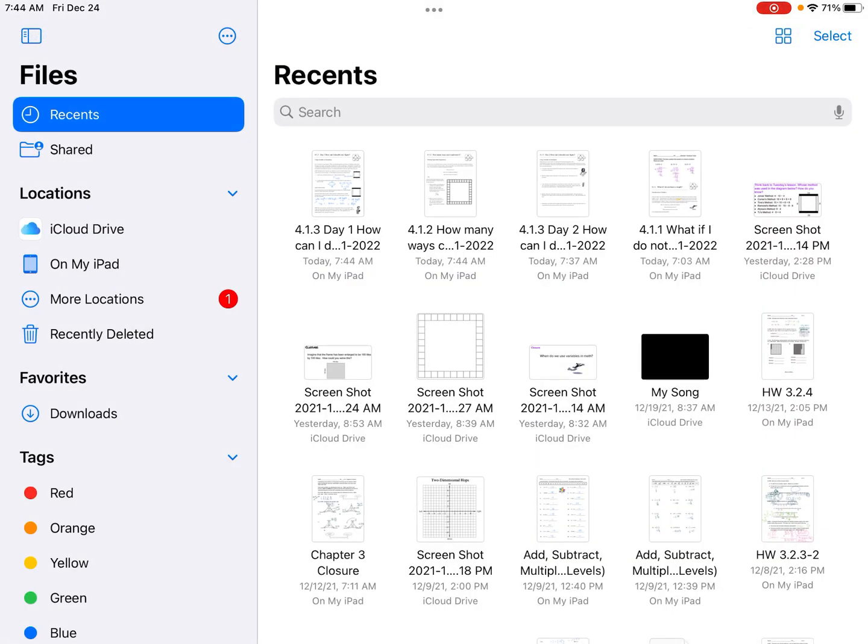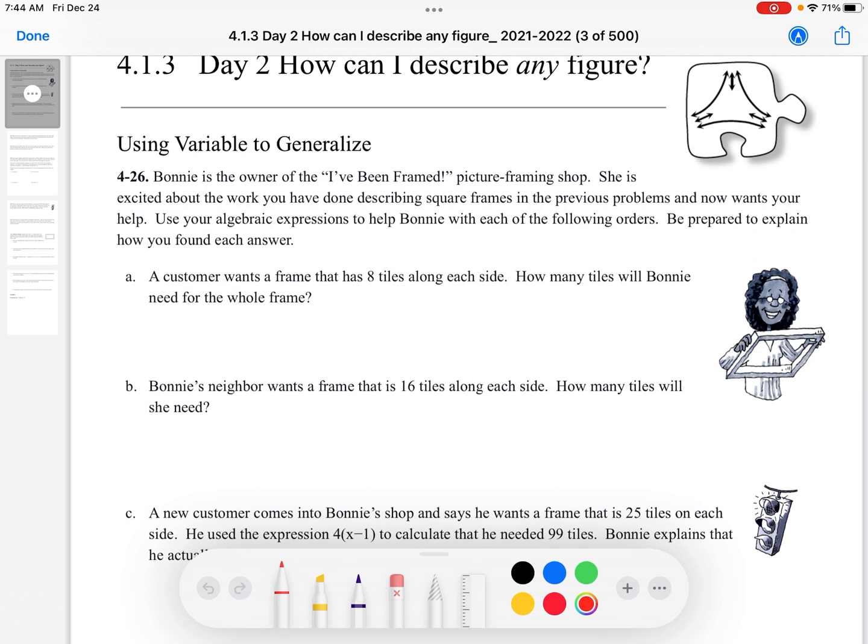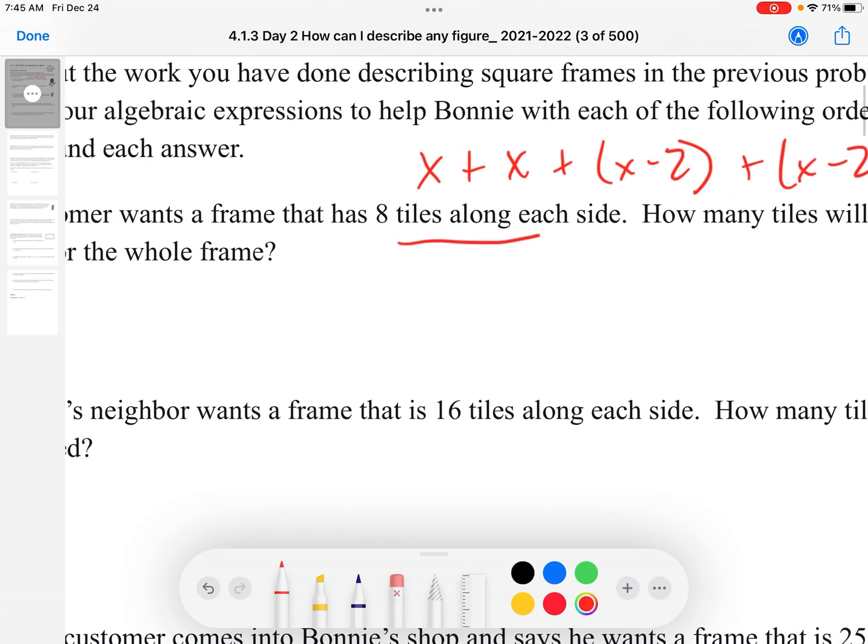Okay, so let's go back here now to day 2. Just as a reminder, Tina's method was x plus x minus 2 plus x minus 2. The customer wants it 8 tiles long, so what that tells me is x is the side length, and that's what our x represented, so we can say that x equals 8.